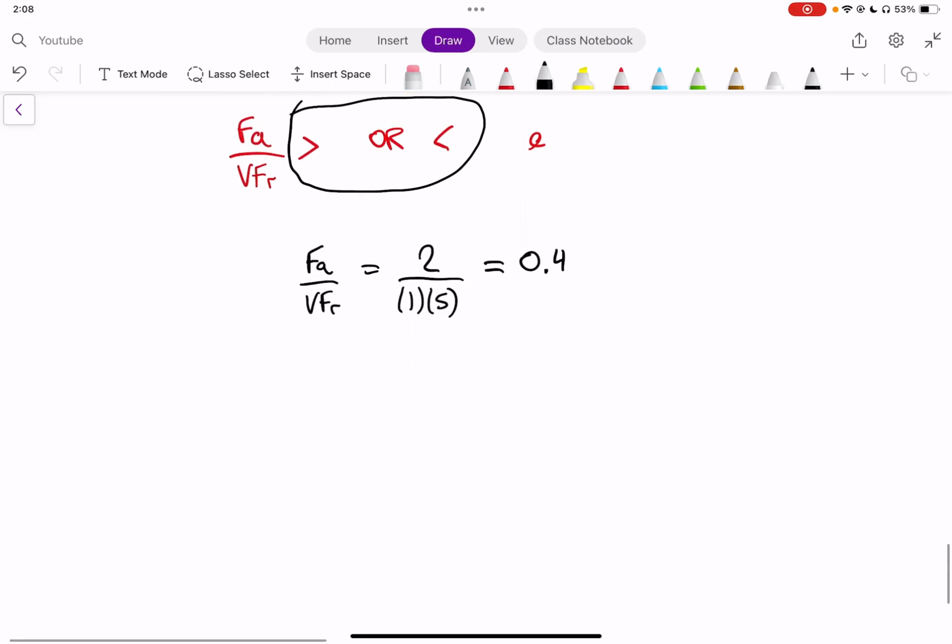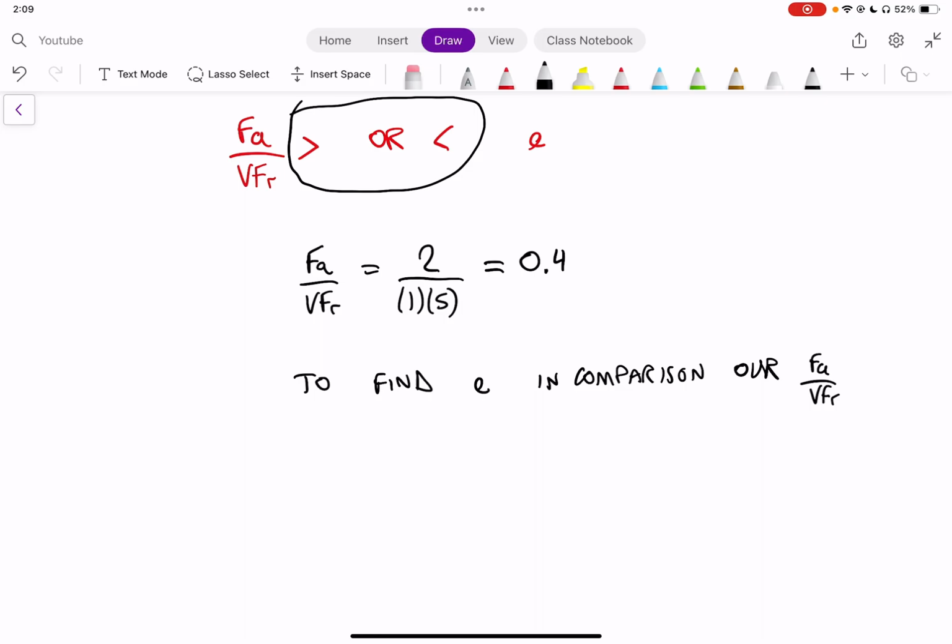So now we need to find our E value to be able to compare with our FA over VFR value, which we know is 0.4.